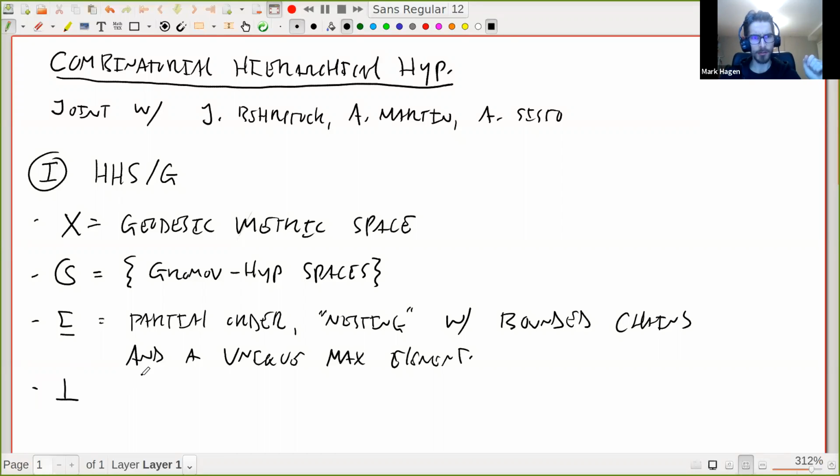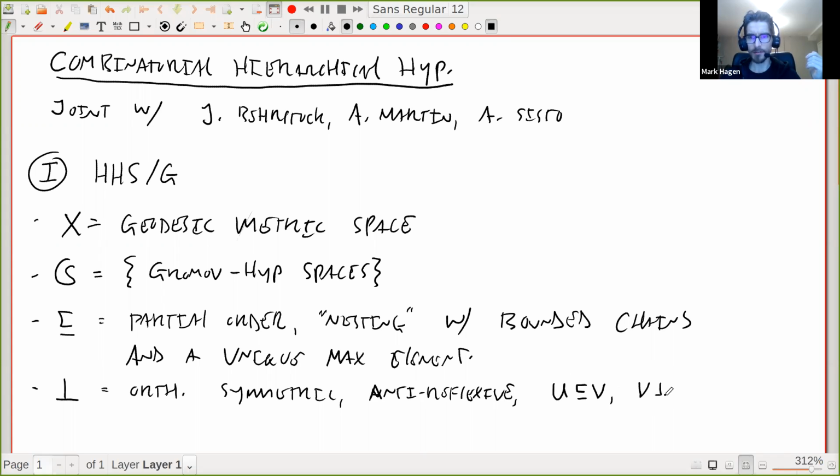Okay, so you have another relation, orthogonality. Orthogonality is just a symmetric, anti-reflexive relation. And we ask that if one of our hyperbolic spaces U is nested into V, and V is orthogonal to some other hyperbolic space W, then U is also orthogonal to W. So orthogonality gets passed down in the nesting order.